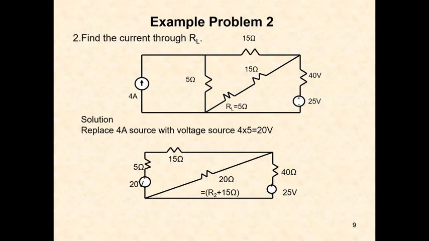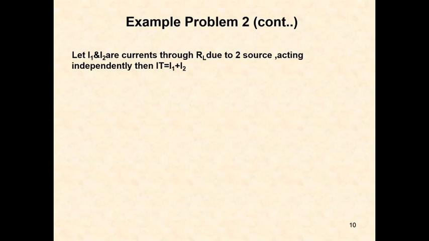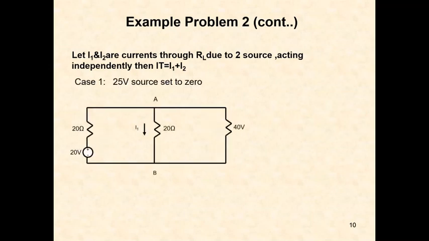So again a T network is formed here, because 5 ohms plus 15 ohms becomes 20 ohms, and 40 ohms and the 25 volts source are there. This is the circuit we get after source transformation.